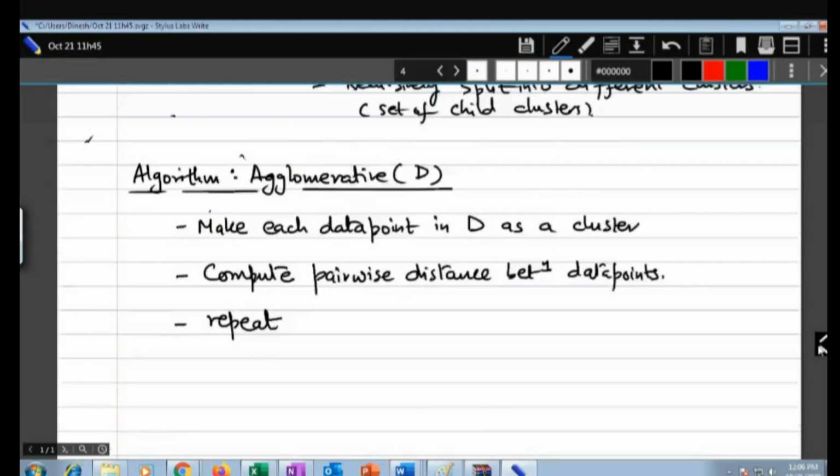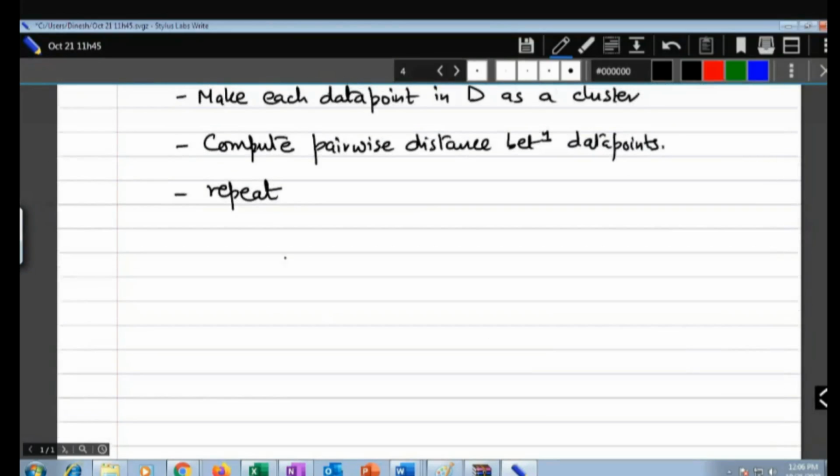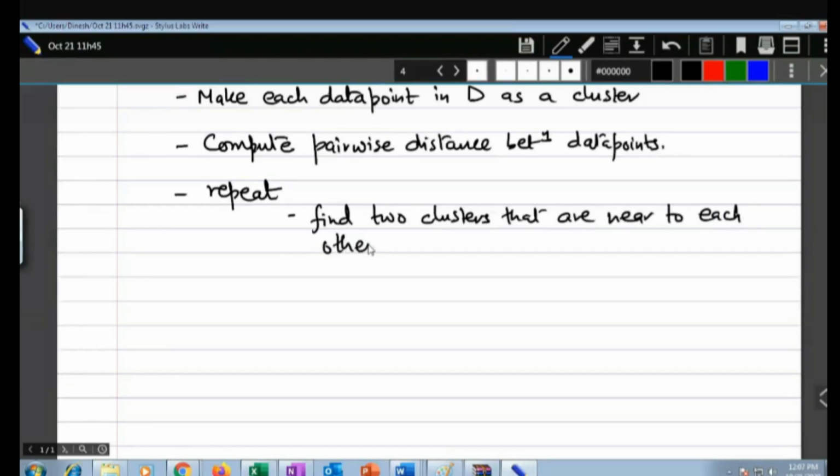Repeat: here we find two clusters that are near to each other. You will find it with the Euclidean distance, which are the two clusters nearest to each other.